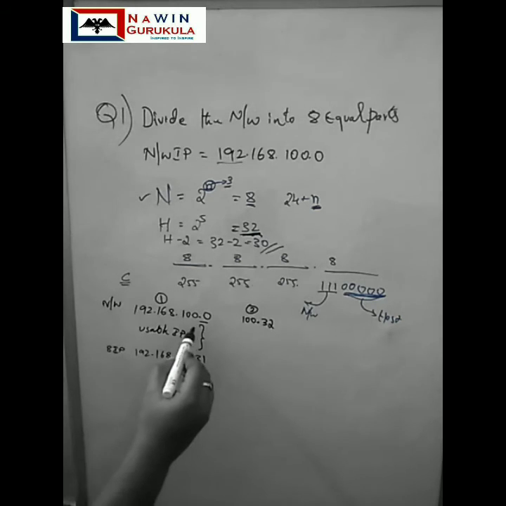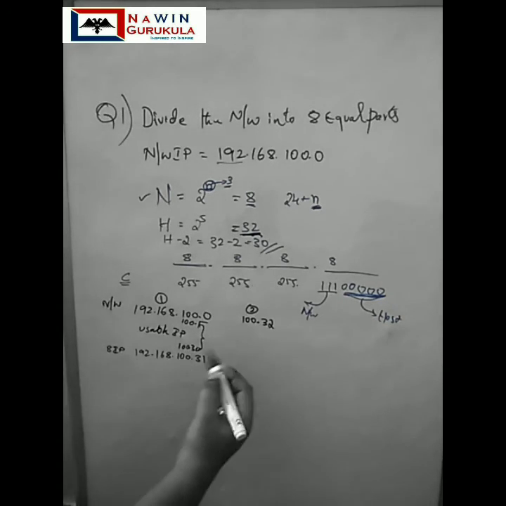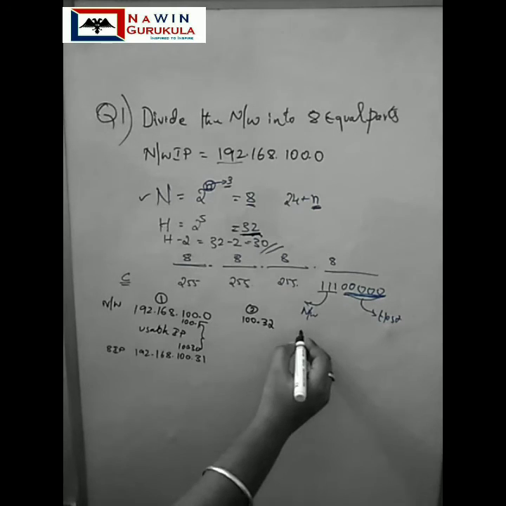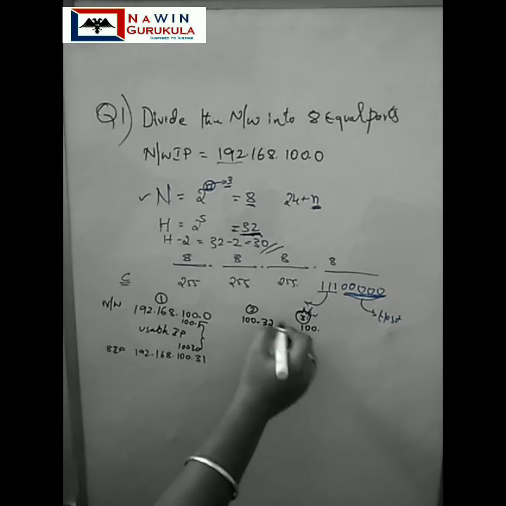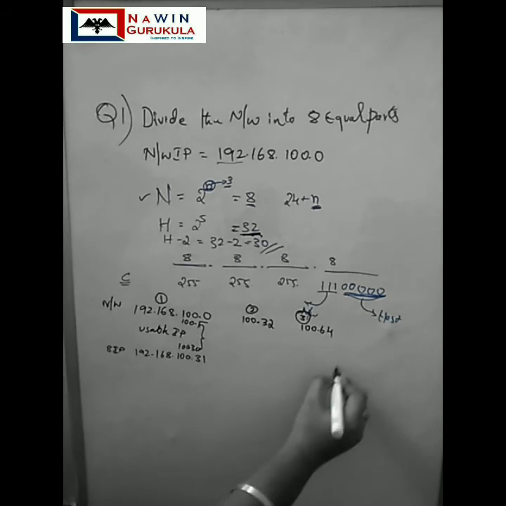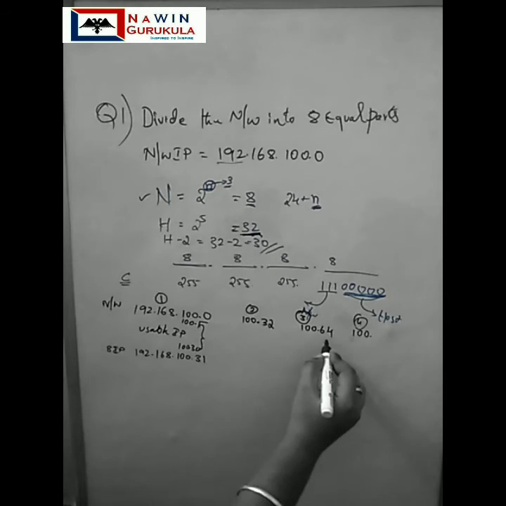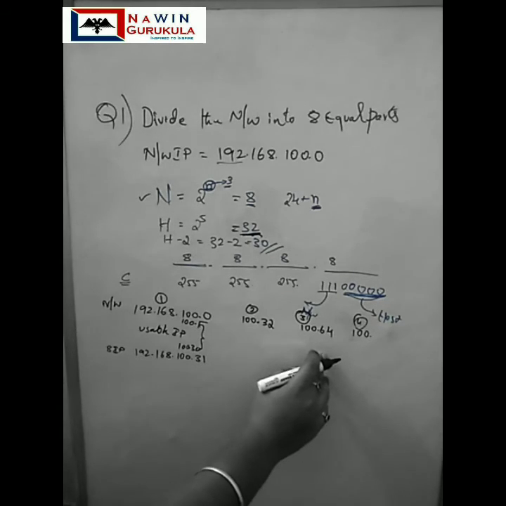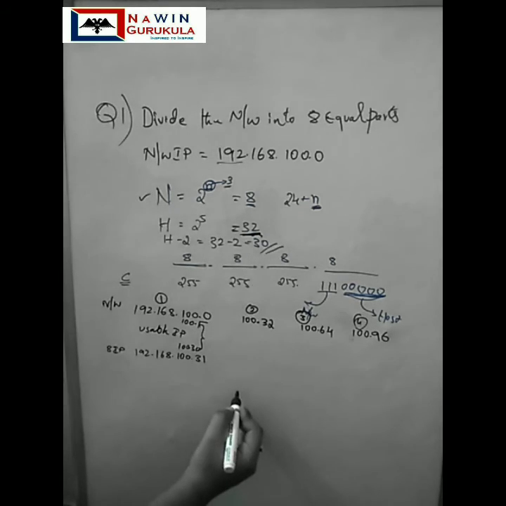So here, 100.1 till 100.30. Clear? Okay. Similarly, this is the second network, and the third network is 100.32 plus 32, which is 64. For the fourth, it is 100.64 plus 32, which is 96, right?